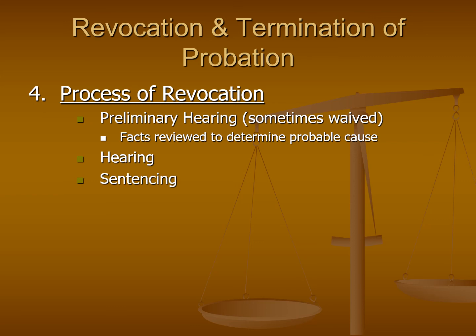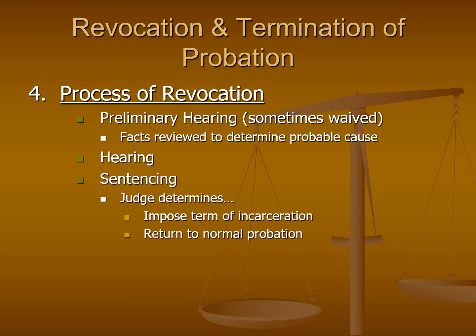In a few slides we'll see a little more detail about this process of revocation with a specific lens on California, so hold back on that hearing and sentencing until that point. But let's take a quick look at what the judge is able to determine at sentencing for a probation revocation. They can decide, do I need to impose a term of incarceration for this individual? Do I simply return this person back to their normal probation?